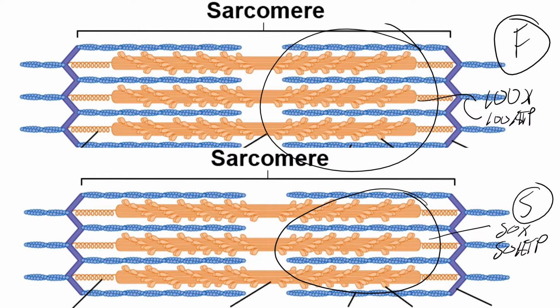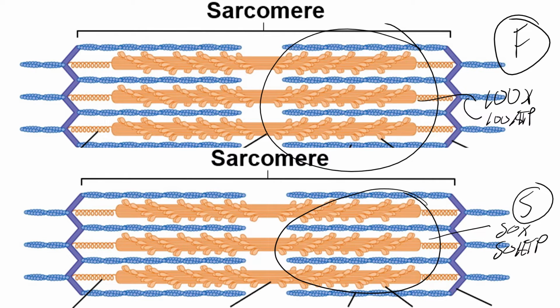Now, the second huge thing here is, since the myosin heads within the fast twitch fiber cycle at such a higher frequency, which allows the fast twitch fiber to shorten faster, the fast twitch fiber is also going to consume way more ATP. Okay? Because all these myosin heads have the ability to cycle 100 times over the course of a second and thus consume 100 ATP over the course of a second.